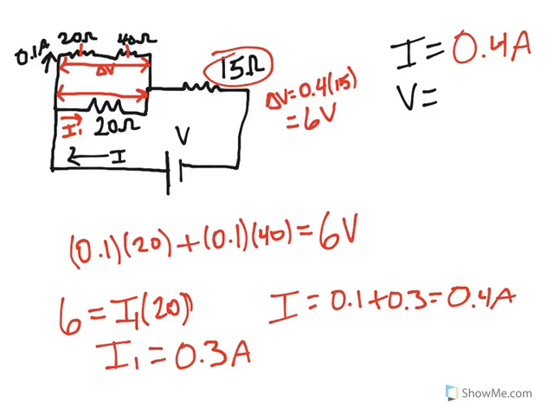So I know that if the potential difference here is 6 and here is 6, then those two added together gives me a total potential of 12 volts. And so that is the potential that's supplied by my battery.